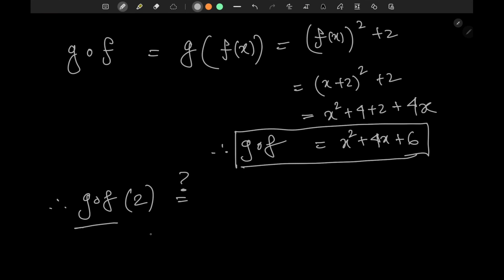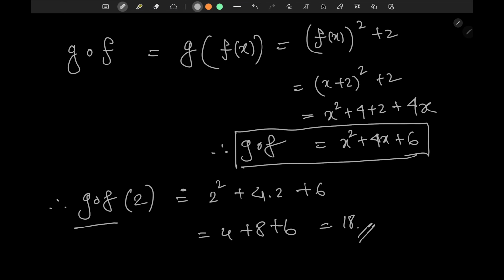So you already have g of f is x squared plus 4x plus 6. So now if you put x equals 2, this will be 2 squared plus 4 times 2 plus 6, which is 4 plus 8 plus 6, and this is 18. So all the operations involving functions are like this. You are asked to put in something, you just put it in, and then do the algebra. That's all you need to do.